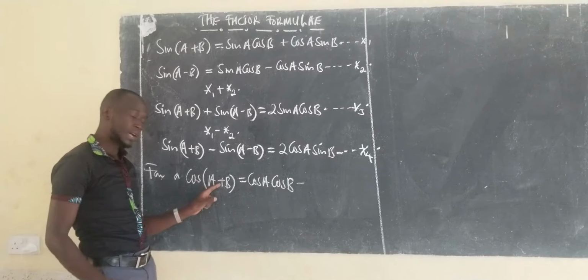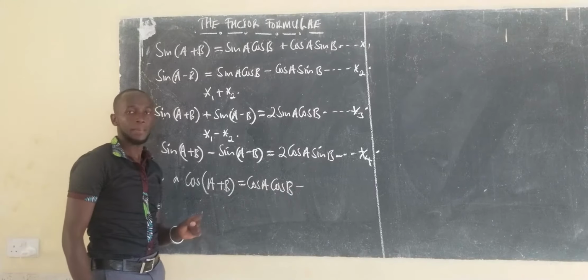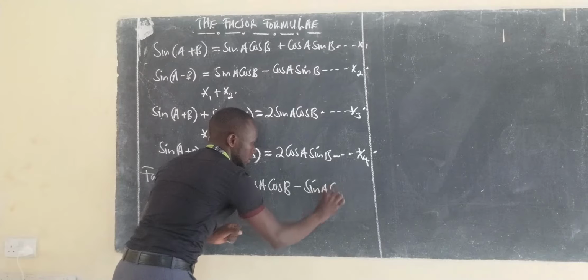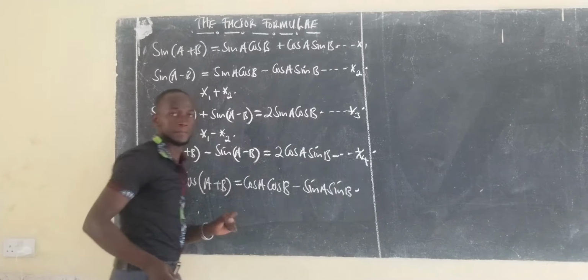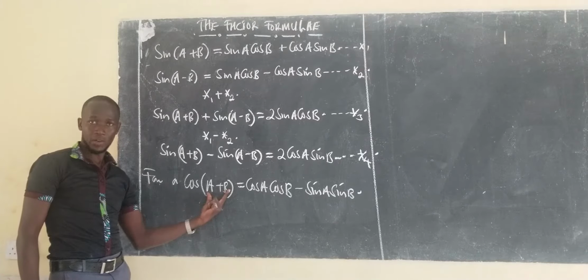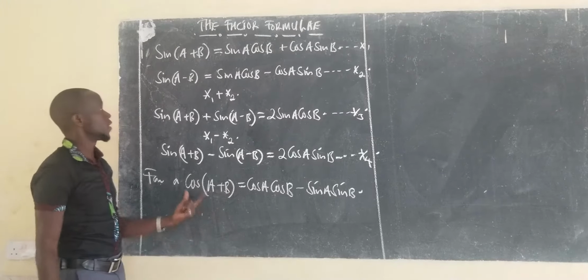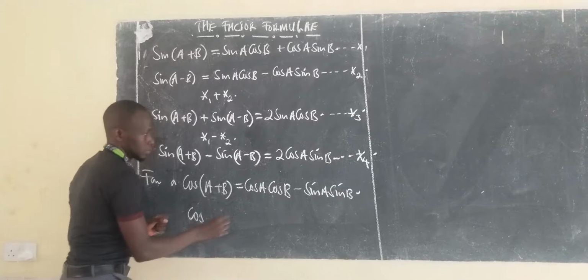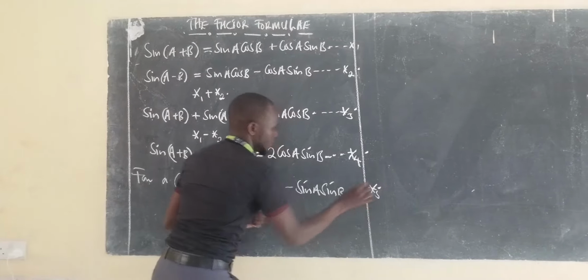If it was a minus, it would just change into a positive. So we shall have minus sine A sine B. Call this equation 5.